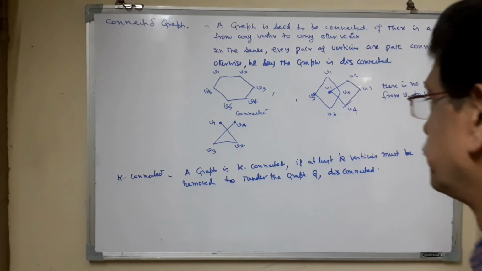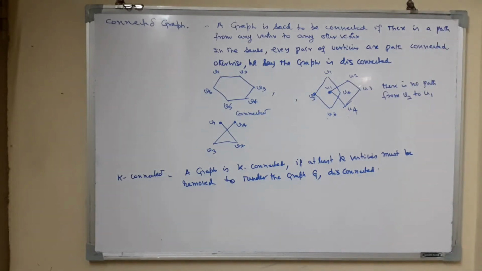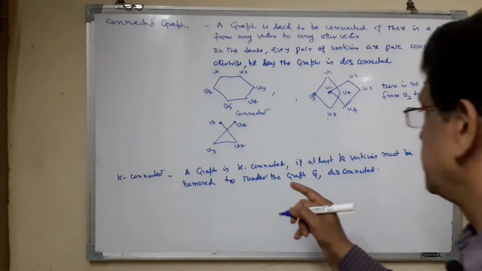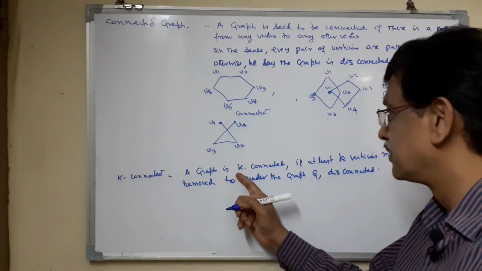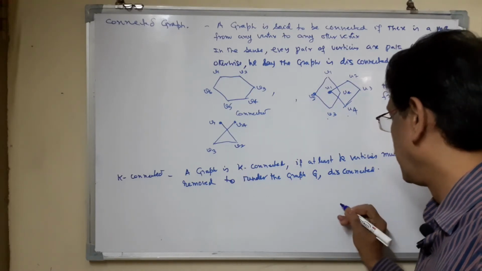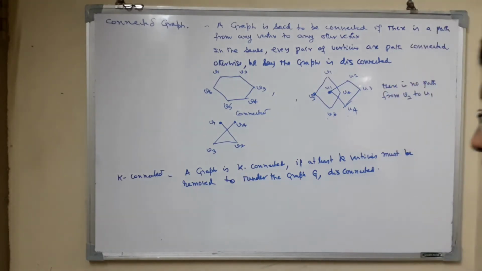That means you see a graph, it's K connected means if you remove at least K vertices, then the remaining graph should be disconnected. That's called K connected graph. That means it is connected by at least K elements.